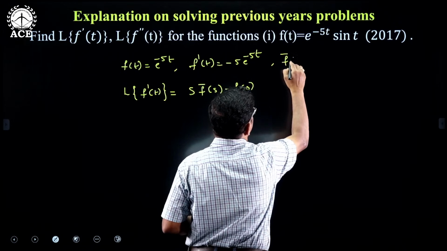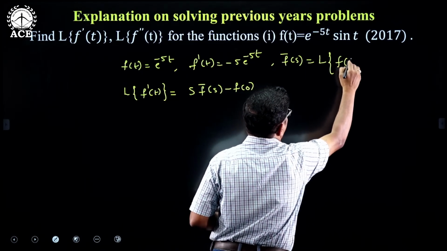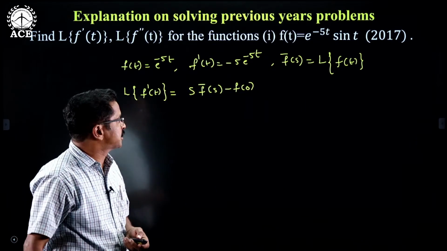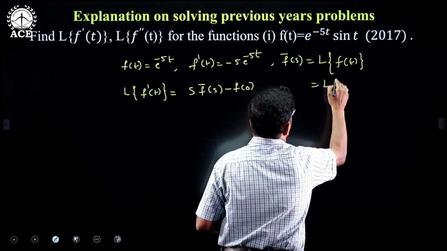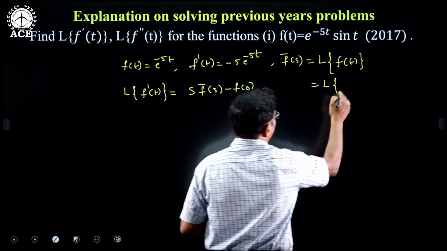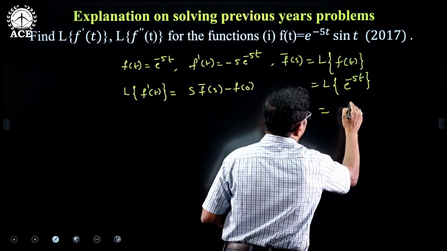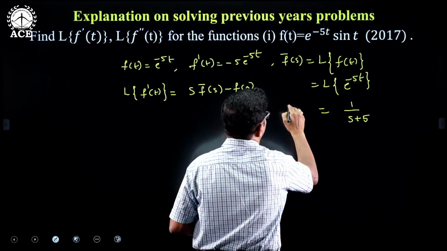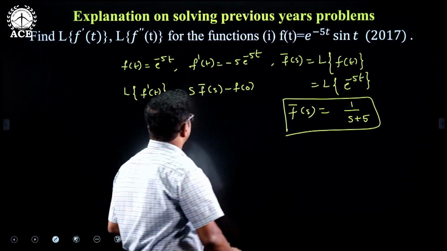F bar of s means L of f of t, which is L of e power minus 5t, that equals 1 by s plus 5. This is a standard formula. F bar of s equals 1 by s plus 5.